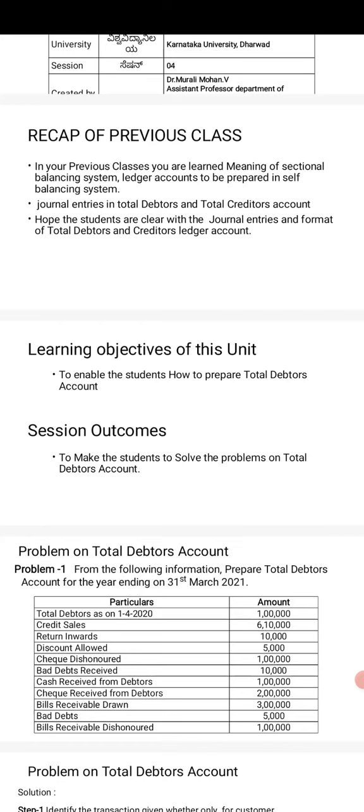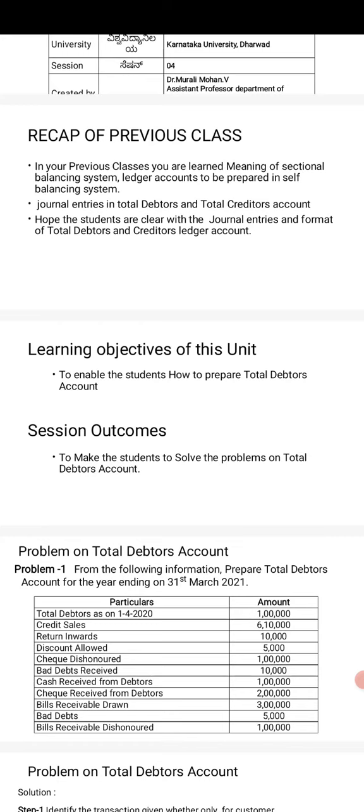We can say rejected. So dishonor is a benefit received by the customer, because the customer has paid a cheque, assume rupees 10,000, but the bank has made payment of only 9,000. So the remaining 1,000 again gets returned from the company to the customer. Therefore, cheque dishonor we have to enter on the debit side of the total debtors account.